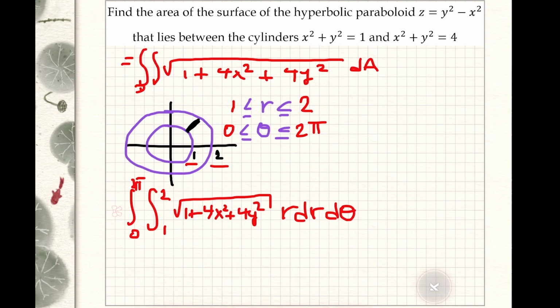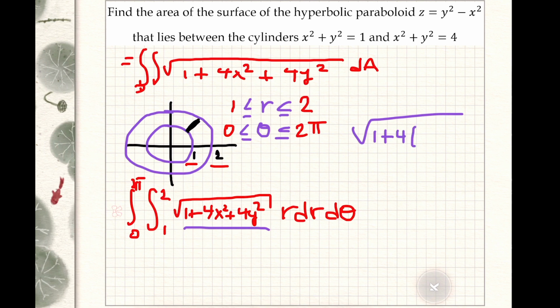Now, it is very important to write everything in terms of r and theta. And we have some x's and y's here. What we can do is, since we have a 4 common to x and y, bring it outside.